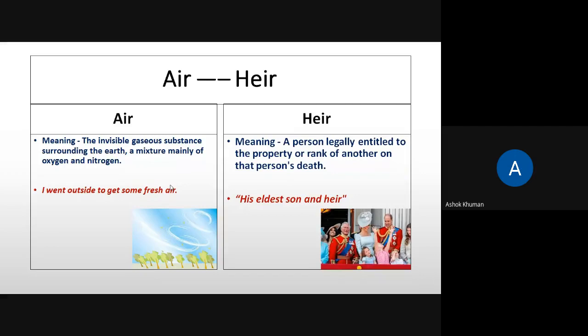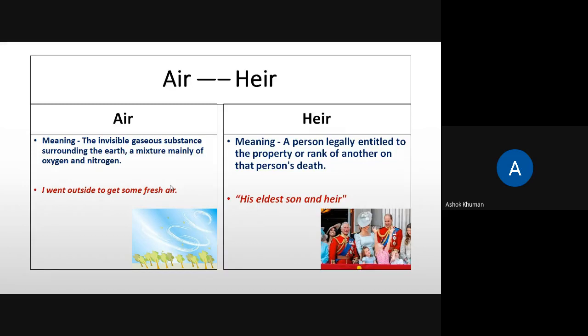And here, on the right side, you can have heir: a person legally entitled to the property or rank of another on that person's death. If a king has a son, when the king gets old and dies, after that the king's son or daughter will become the king.